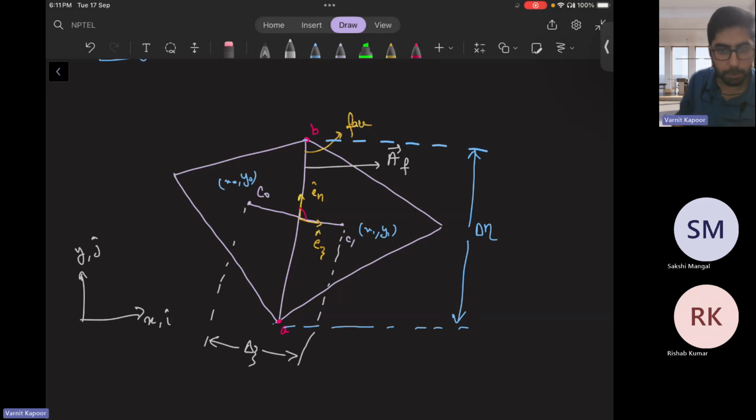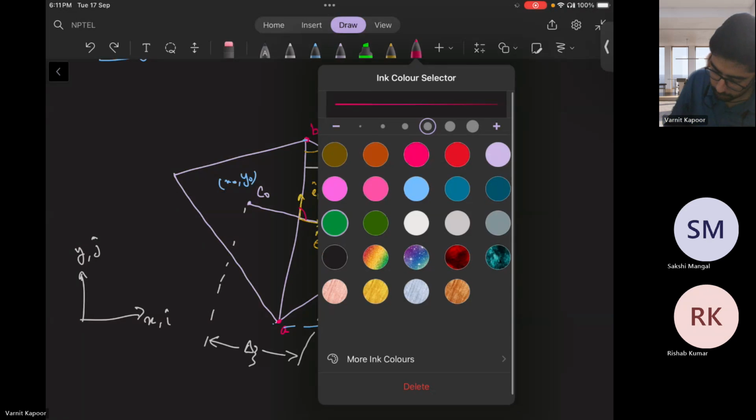Also, this area vector is pointing in some direction, so it will have two components, one in the x direction and one in the y direction. Let me make it with green color.